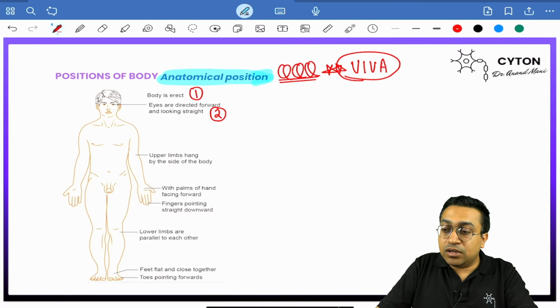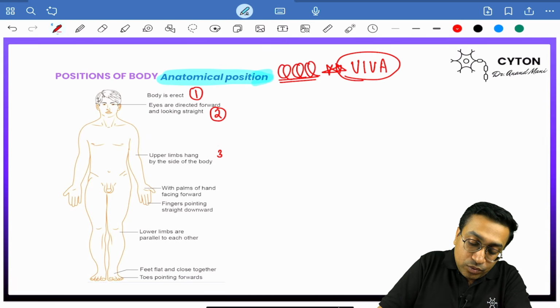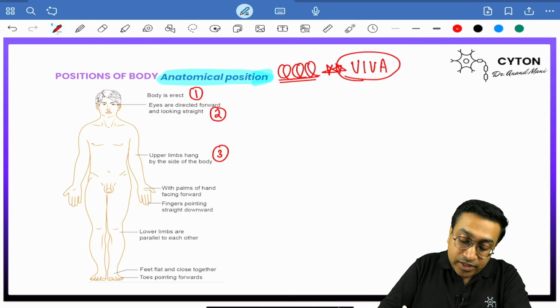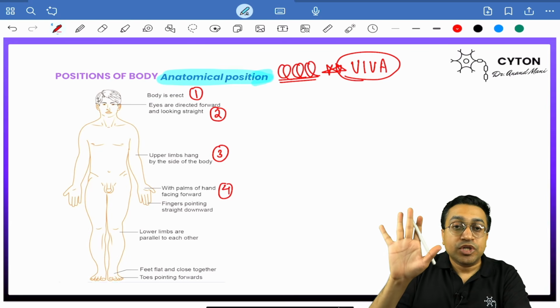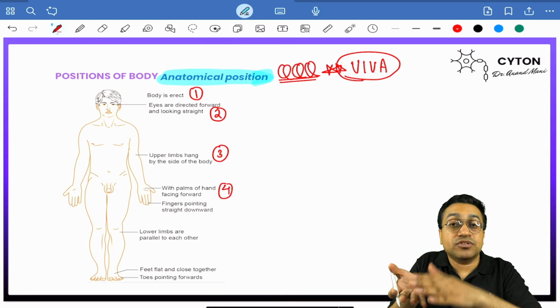Then the fourth thing is the palms should be facing forwards and the fingers should be pointing straight downwards.